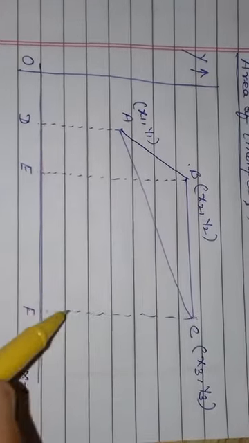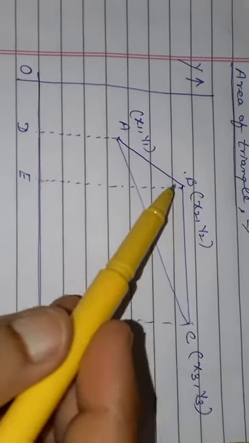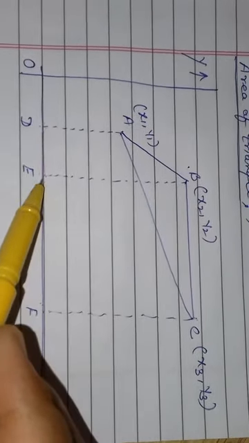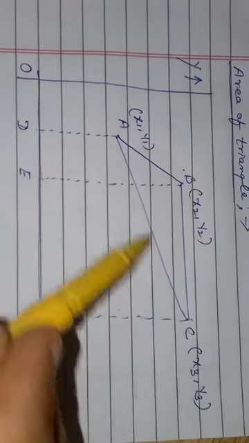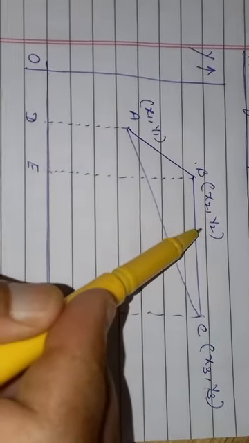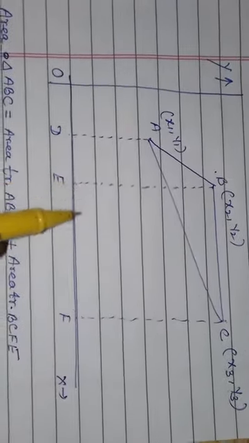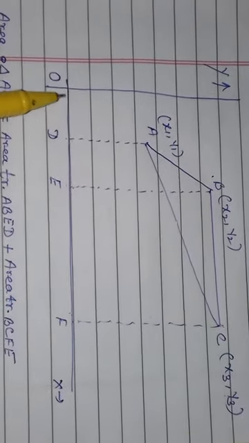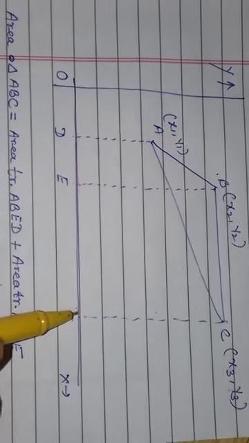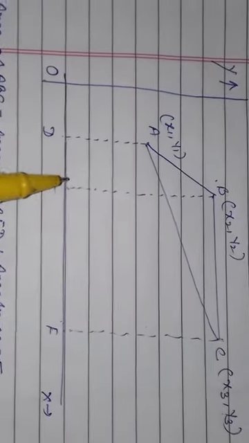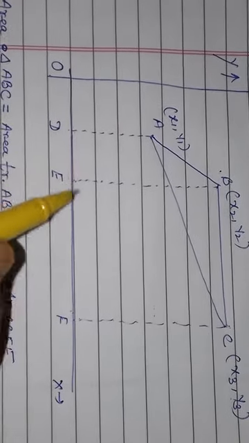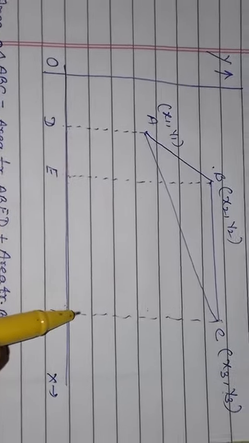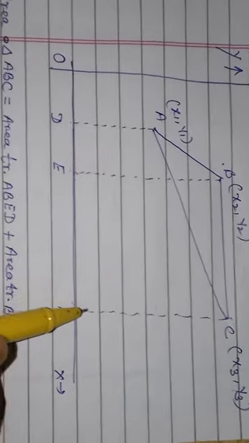So CF is y3 and BE is y2. So sum of parallel sides will be y3 plus y2. Now the distance between these two parallel sides, see here, this is x3 and this is x2. So the distance is x3 minus x2.